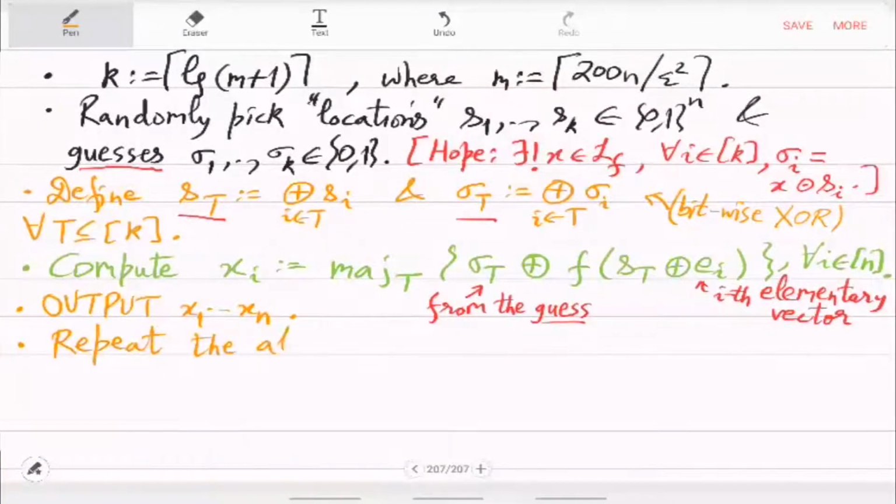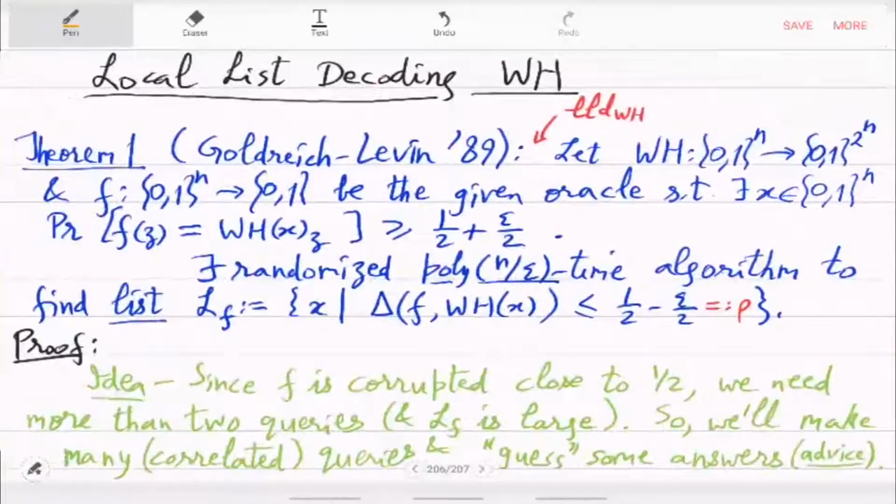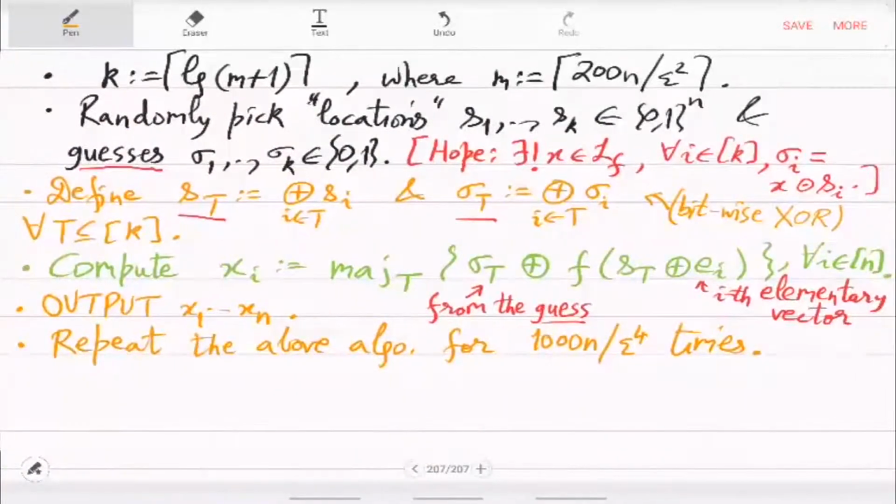So repeat the above algorithm for, let's say, 1000 n over epsilon to the 4 times. Hopefully this gives you the full list LF. Yeah, so that is the local list decoder. I would want to skip the analysis of this.